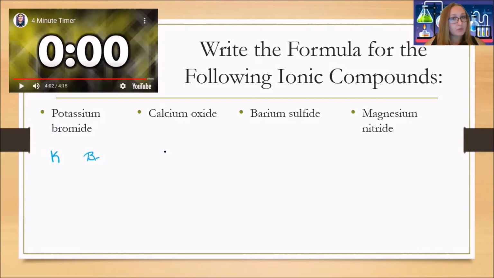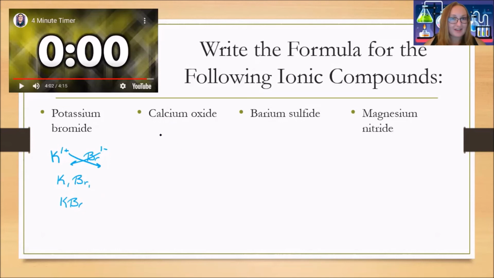I also know, based on their groups in the periodic table, that potassium forms a +1 charge and bromine forms a -1 charge. I'm going to use the crisscross rule, where the other species' charge becomes the subscript, to get, for every 1 potassium, I need 1 bromine. And of course, we just omit the 1s. So we write this as KBr.